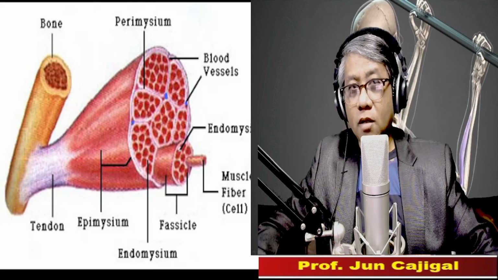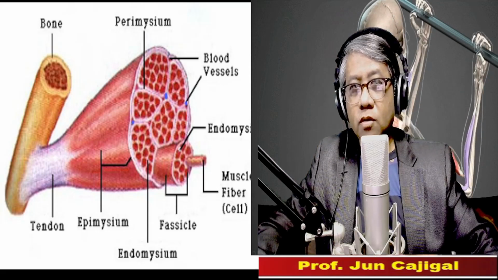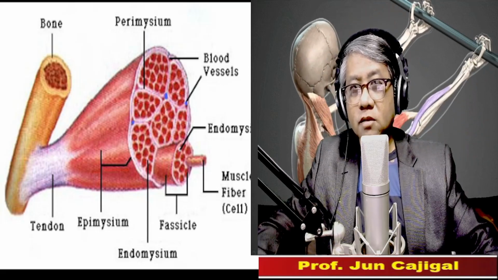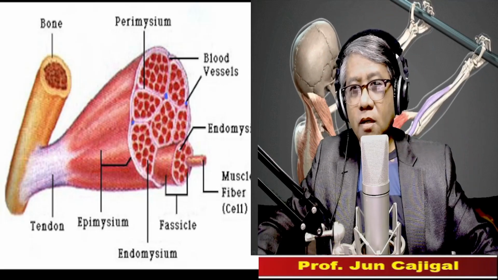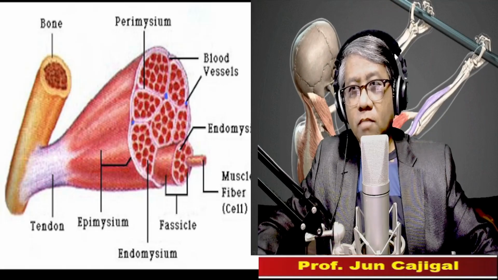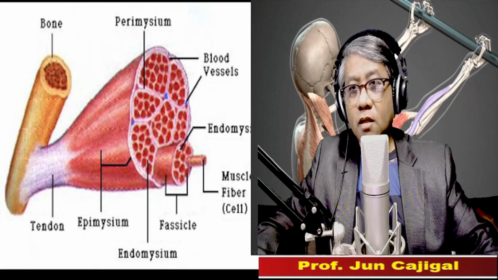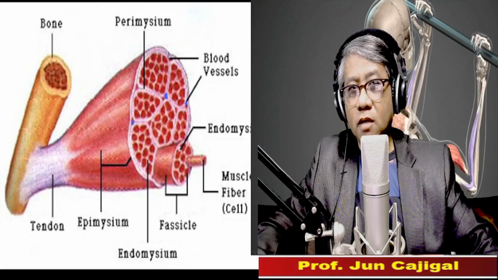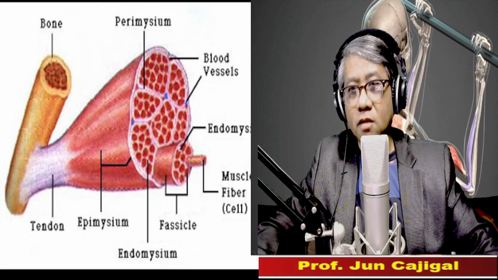Now, if you will cut the belly of the muscle cross-sectionally, you will notice that the belly has sections called fascicles. A fascicle is surrounded by a membrane called the perimysium. And inside the fascicle are sections called muscle fibers or the muscle cell itself.